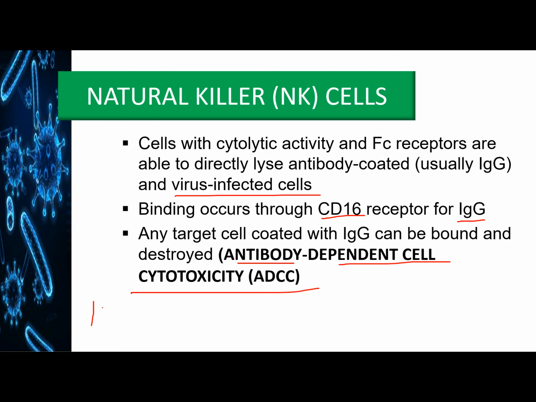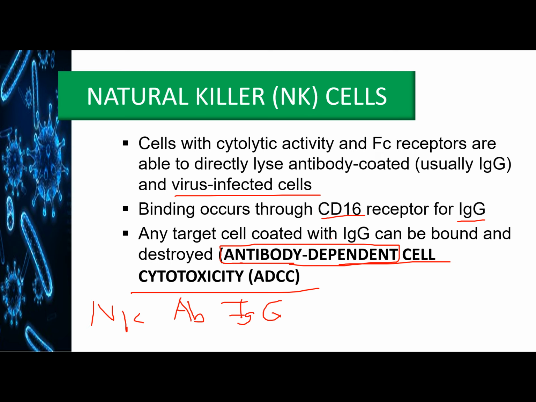Okay, yung NK cell nyo class, for it to destroy an antigen, it would require the presence of an antibody, specifically an IgG. And this action is known as your antibody-dependent cell cytotoxicity.